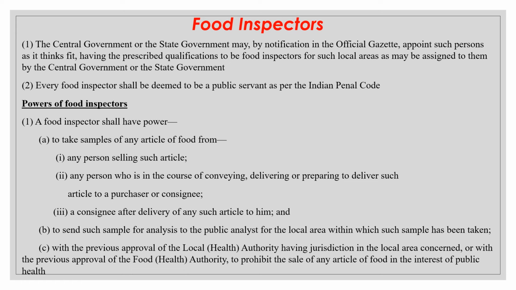You can take samples from that also, even if it is in transit or even if it is in warehouse, go down. Okay, you can draw samples from a consignee after delivery of such article to him.